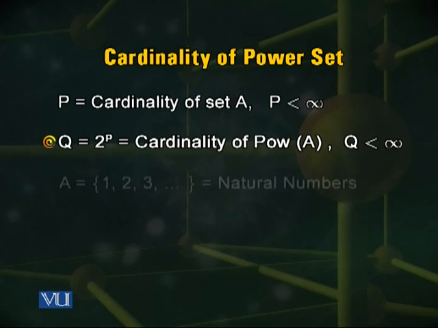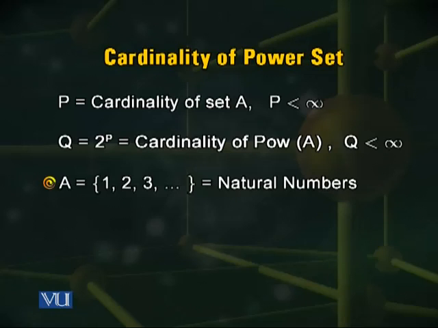But if we move to the set of natural numbers, if A is R, which is the set of natural numbers 1, 2, 3, 4, 5 up to infinity, then what about the cardinality of the power set of natural numbers? To see this, let's represent each possible subset of the set of natural numbers in a special way as a decimal number, a number smaller than 1.